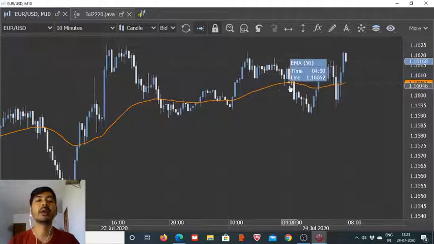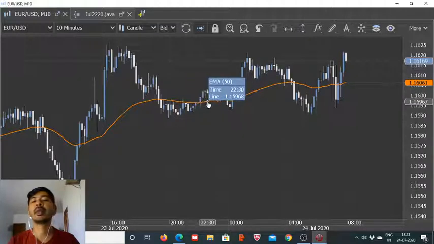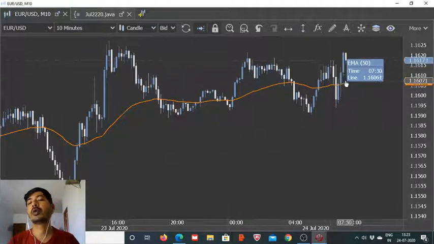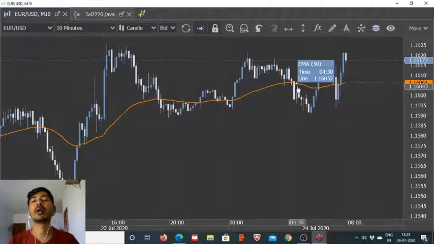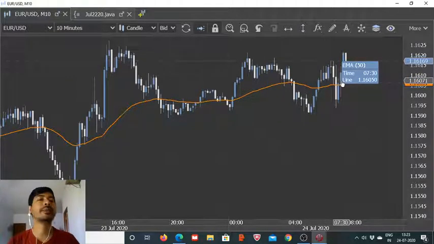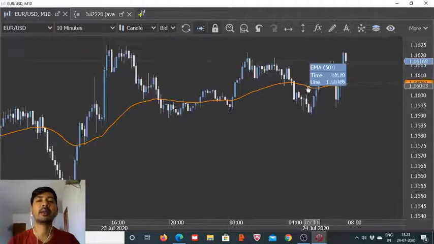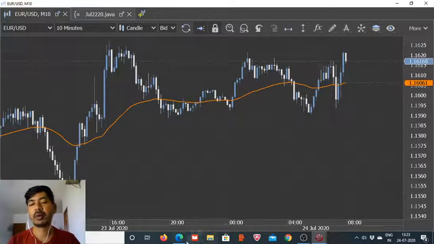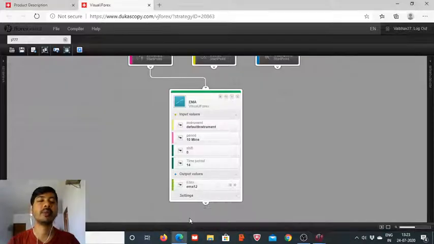So at any point in time, if you want to use this EMA value, all you have to do is choose the look back period accordingly, and the algorithmic setup will be able to go back in time and take that value as per our defined parameters.